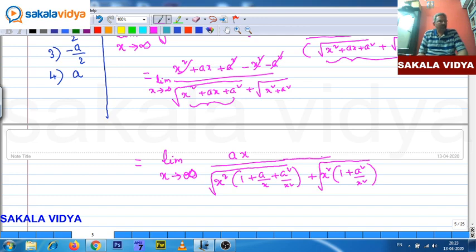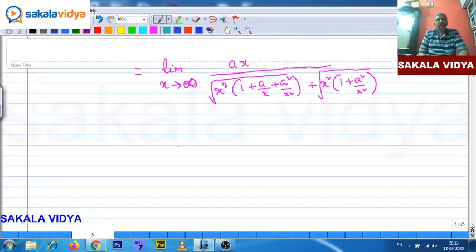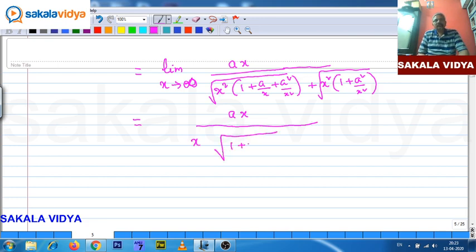So the next step, this equals ax upon, here square root of x square is x, x times root of 1 plus a by x plus a square by x square, and here also square root of x square is x taken common, plus root of 1 plus a square by x square.